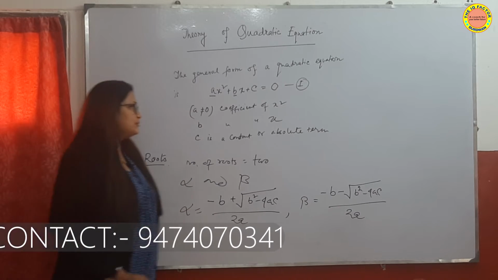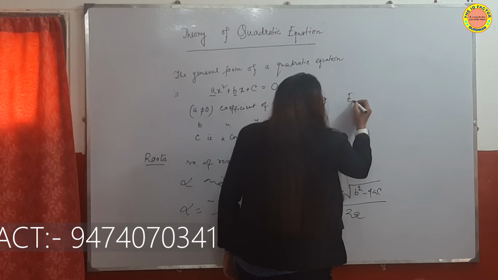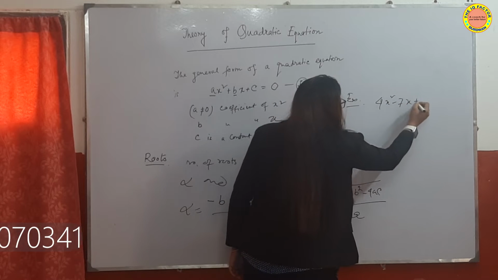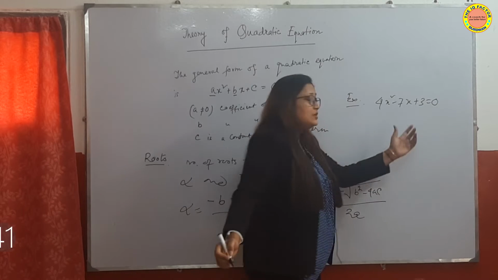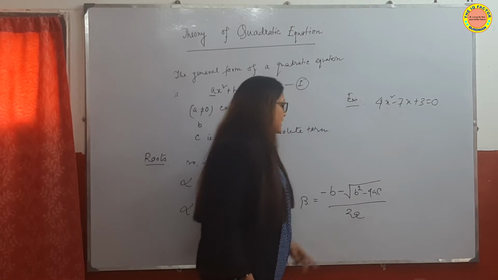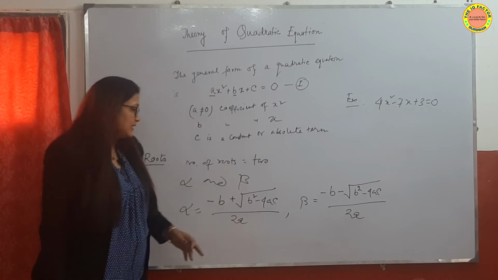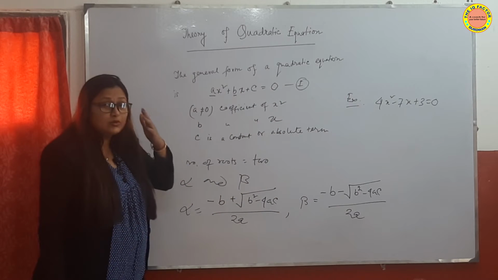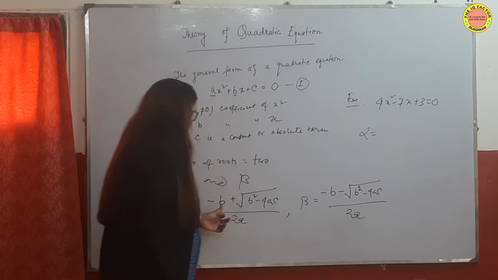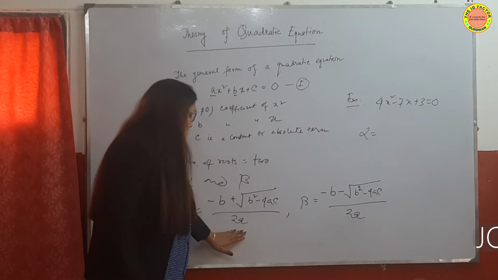Let us take one example. Suppose 4x square minus 7x plus 3 is equal to 0. So it is a quadratic equation because the degree is 2, and suppose you have to find out the roots. So what will be the roots? Alpha is equal to, we know, minus b plus square root of b square minus 4ac by 2a.